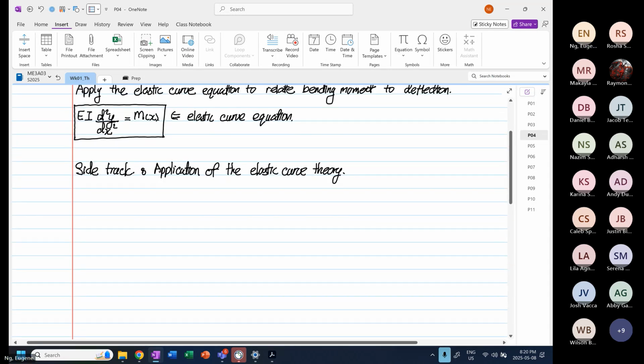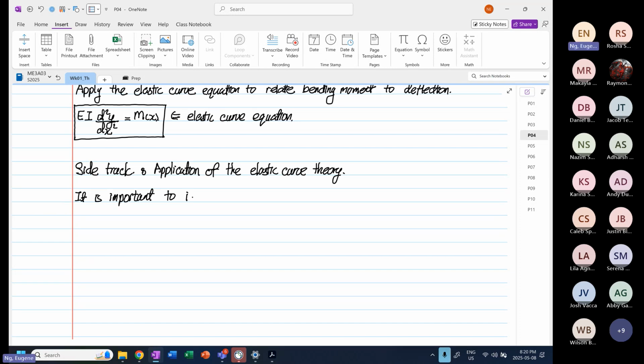Now, in order to apply the elastic curve theory, it is important to identify boundary conditions.